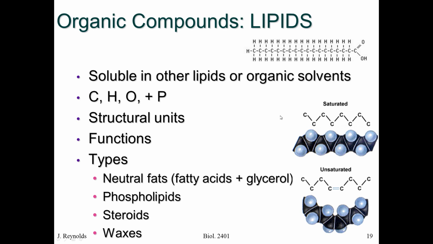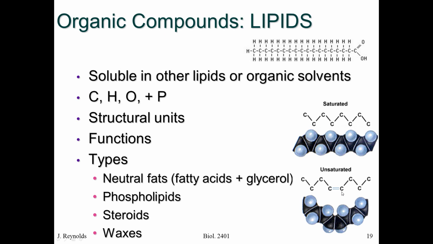On the other hand, if you look at the bottom right molecule, notice that between two of the carbons there's a double bond. These two carbons are sharing an electron pair between them, and that means, because remember carbon can only share 4 electrons, each of those double bonded carbons has 3 electrons already.